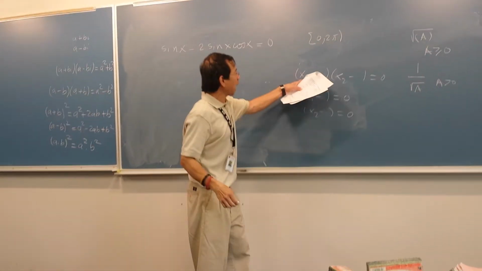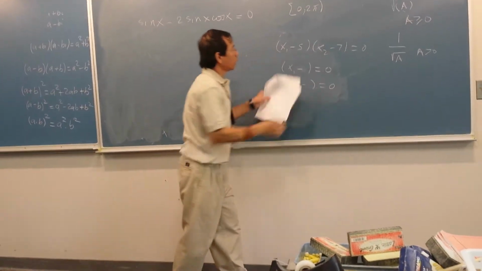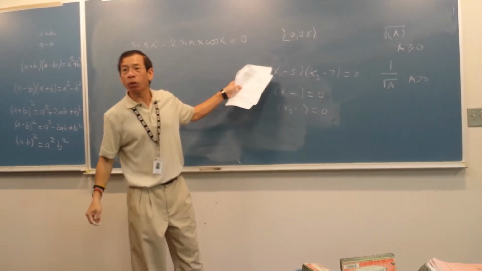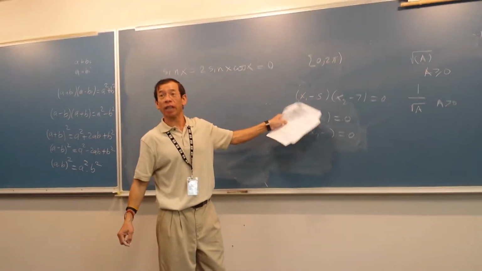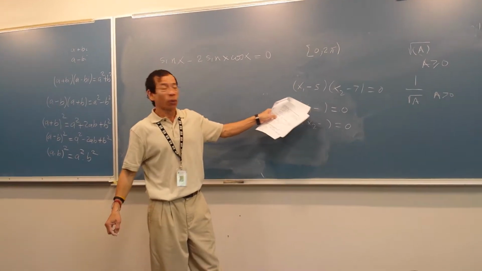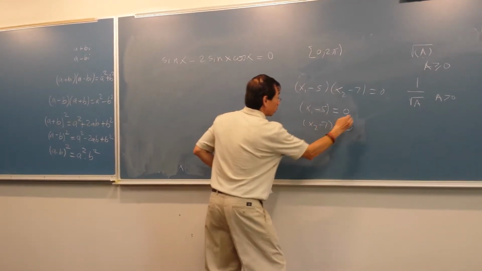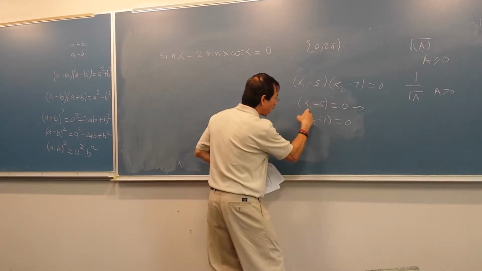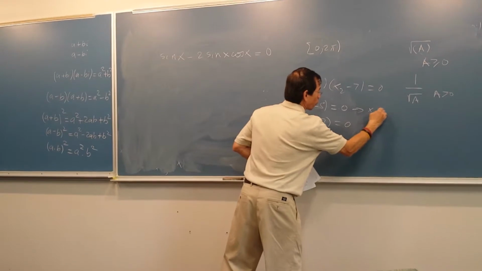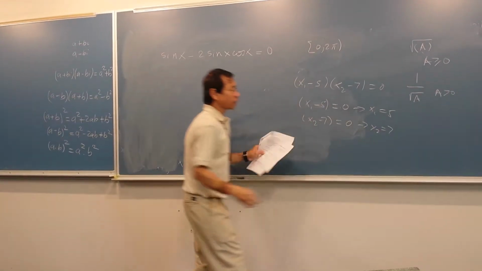For example, x1 minus 5, x2 minus 7 equal to 0. Then the product shows that each element of the product has to be equal to 0, right? So if x1 minus 5 equal to 0, then x1 equal to 5, and x2 equal to 7, things like that, right?